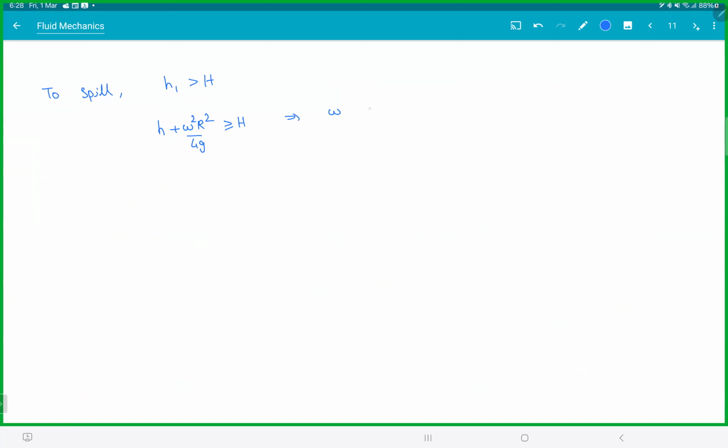So from here we get omega is greater than or equal to the root of 4G(H minus h) by R square. If you rotate with this omega, you will get this. For the bottom floor to be exposed, H2 must be negative, meaning this is how it would look.